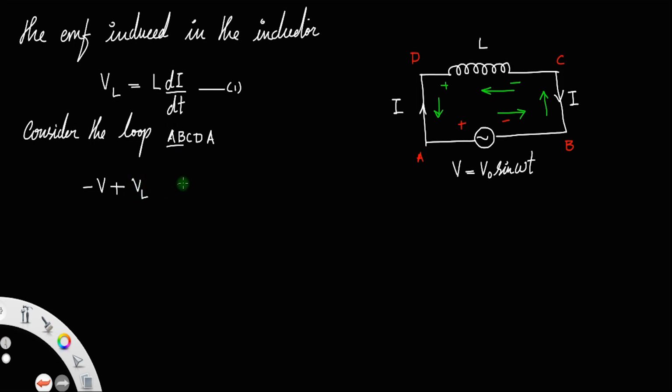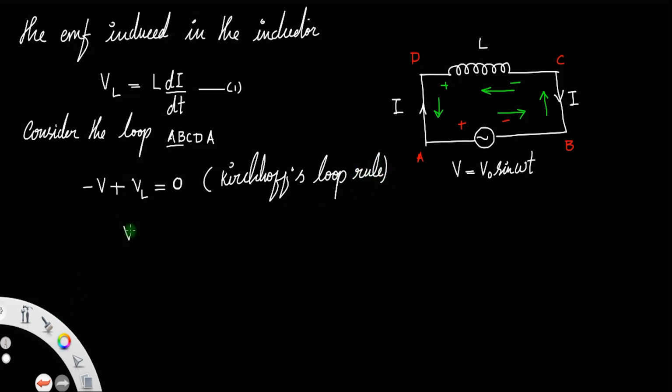So VL. Again, there is no EMF across DA. So by Kirchhoff's law, the net EMF is 0. This is according to Kirchhoff's loop rule, or you can say Kirchhoff's second law.